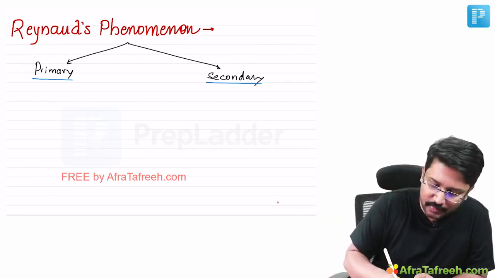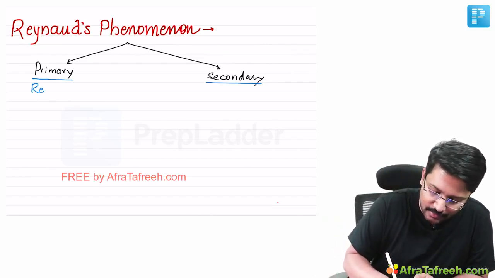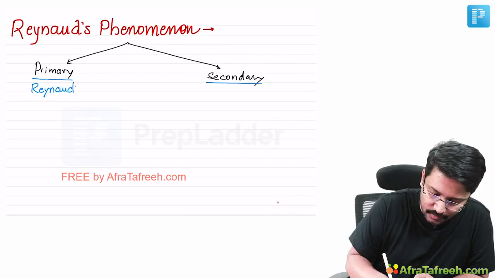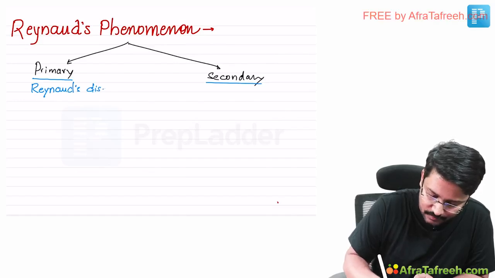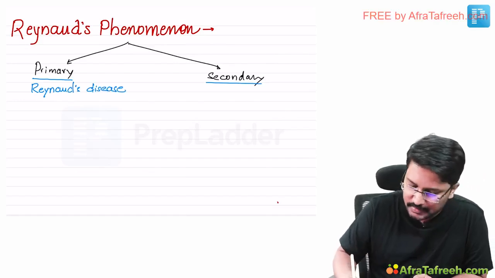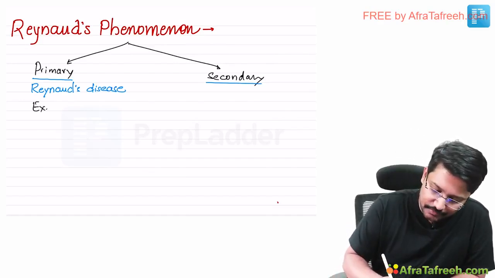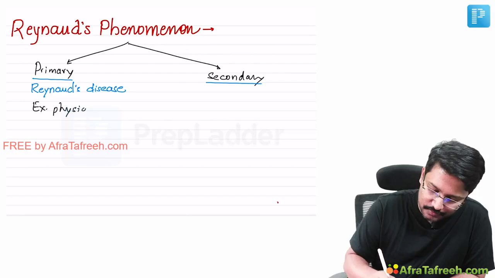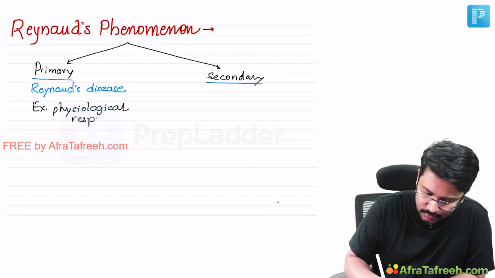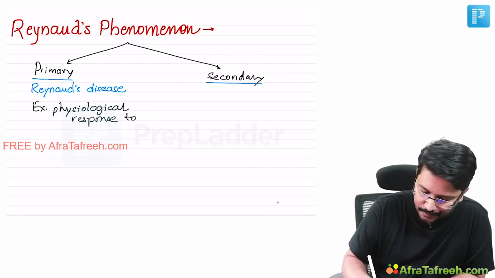Primary Raynaud's phenomenon is also known as Raynaud's disease. Okay. Now what happens in Raynaud's disease? In Raynaud's disease, there is an exaggerated physiological response to cold.